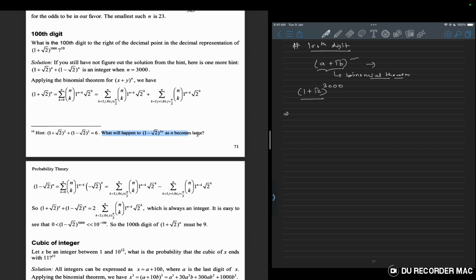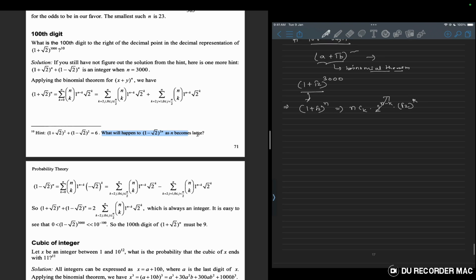write the binomial representation of (1 + √2)^n. It would be nCk times 1^(n-k) times (√2)^k.